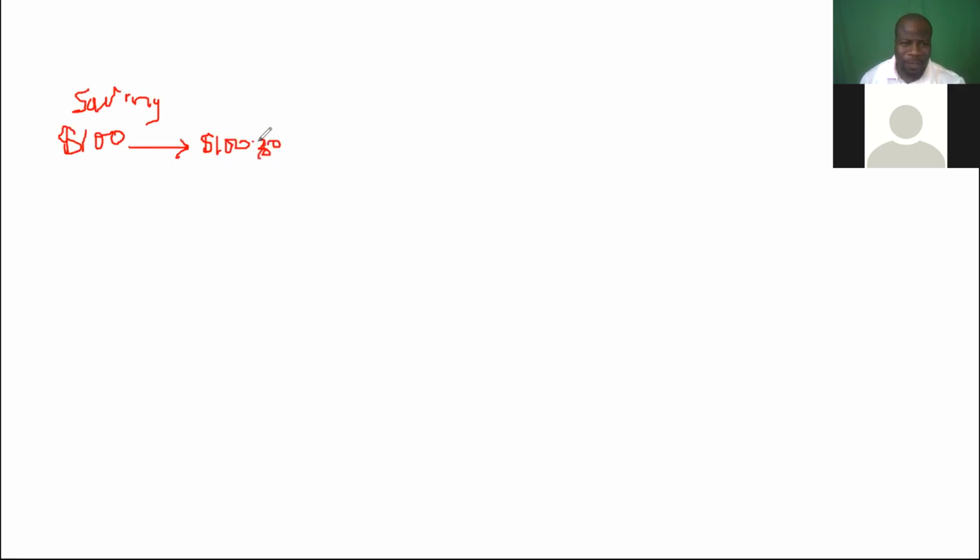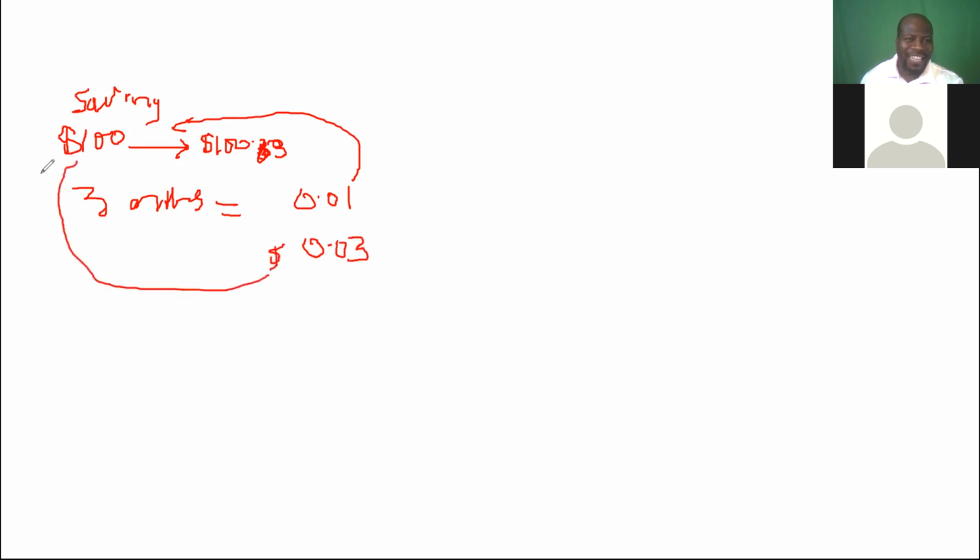Not even 30 cents, .03. So every 3 months, the bank paid a dividend of 0.01 on this $100. So in 3 months I got $0.03. Okay, that is in the bank.